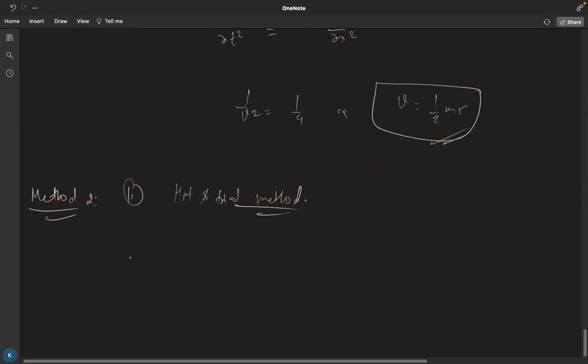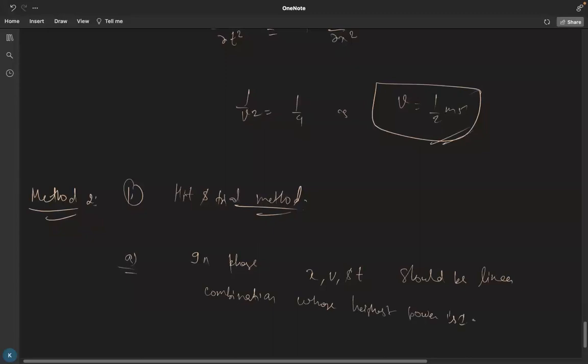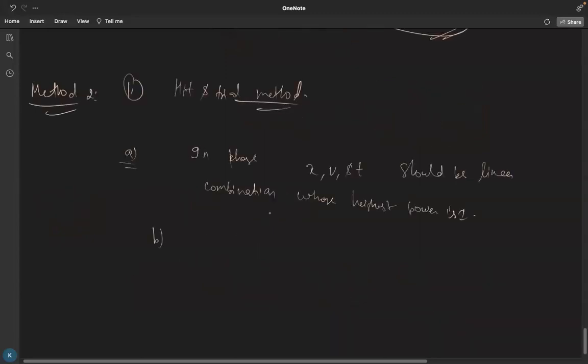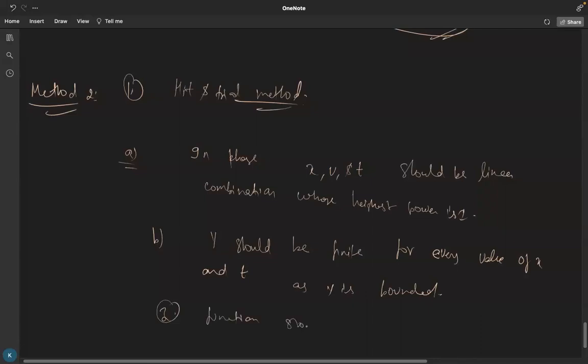First, the phase in x, v, and t should be a linear combination whose highest power is 1. Next, y should be finite for every value of x and t, as y is bounded. And the third thing is the function should be periodic.